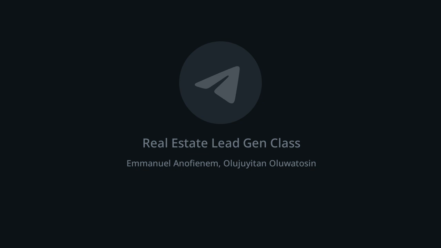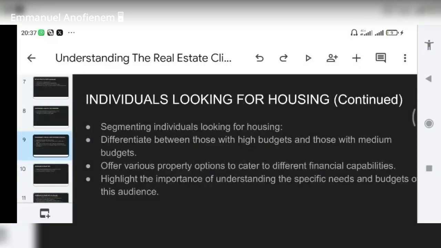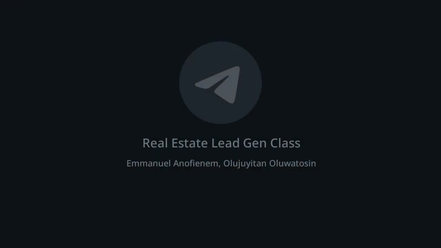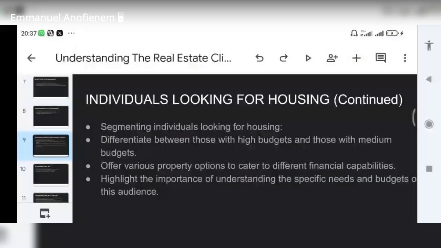Individuals looking for housing. Like I said, you differentiate between those that have high budgets and those with medium budgets. Notice I didn't say anything about low budgets because I believe most of the offers in real estate are not for people with low budgets.